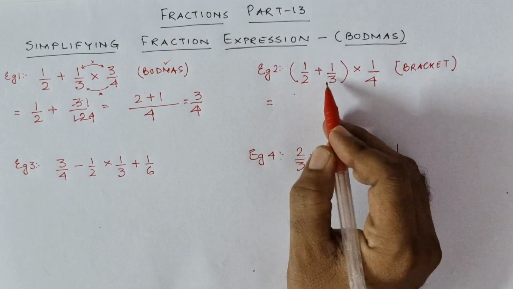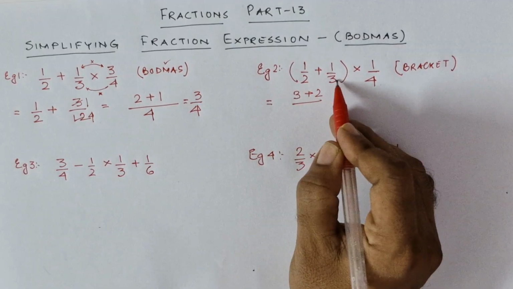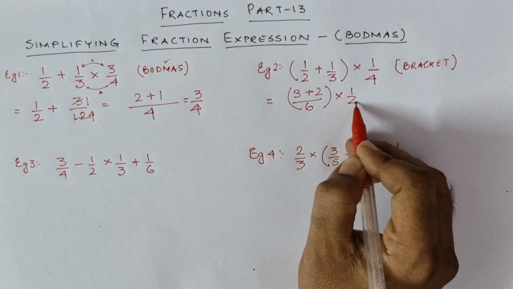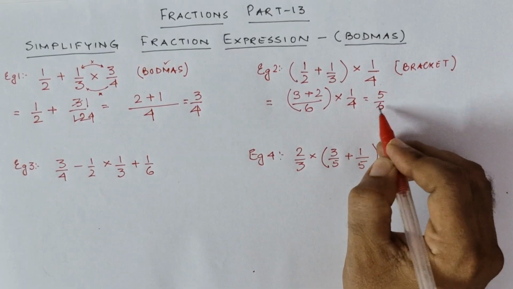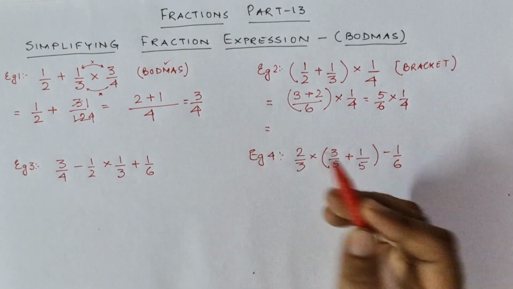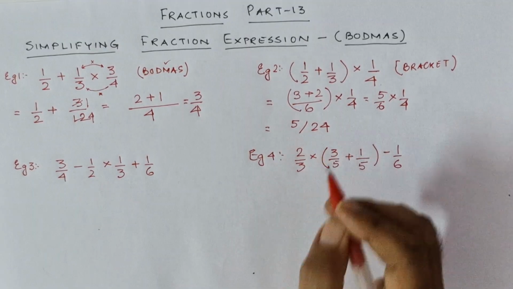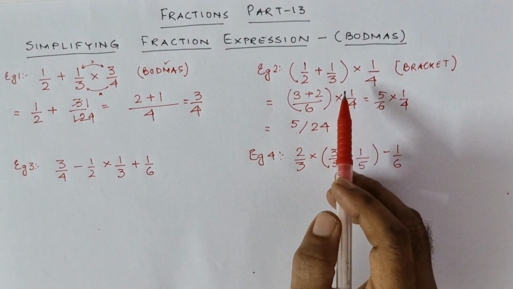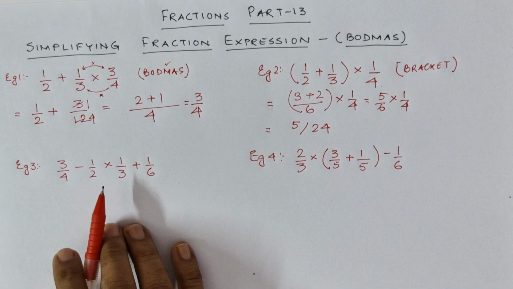So 1 into 3 is 3 plus 2 into 1 is 2, divided by 2 into 3 is 6, into 1/4. So it gives 5/6 into 1/4. So the answer is 5 by 24. Got it? So this is very easy. If you get a bracket, then solve the bracket first.